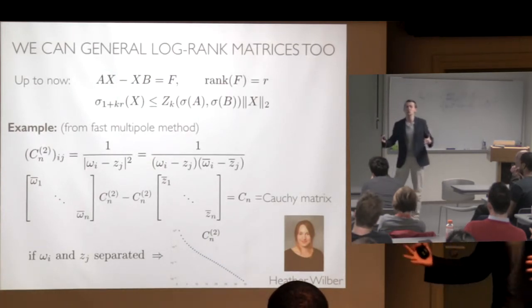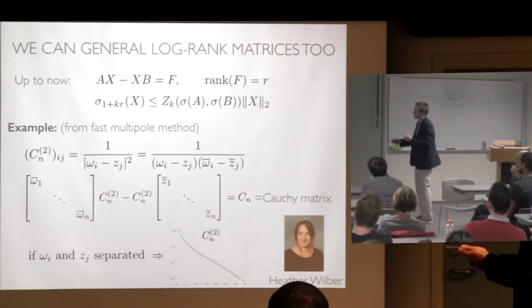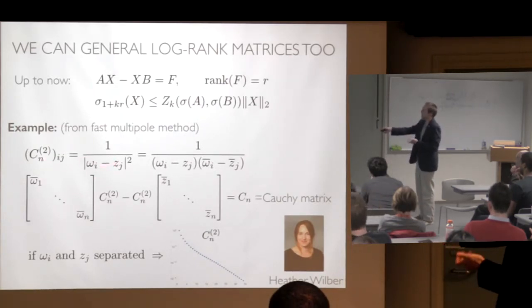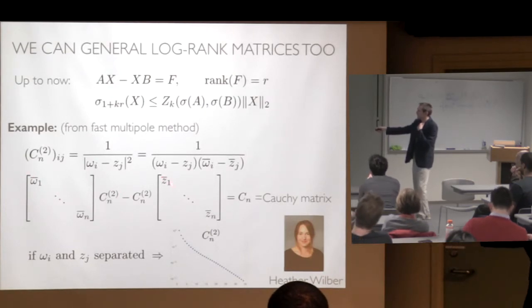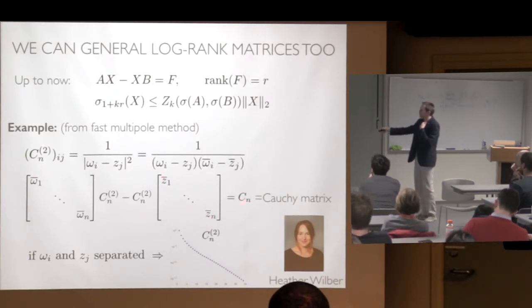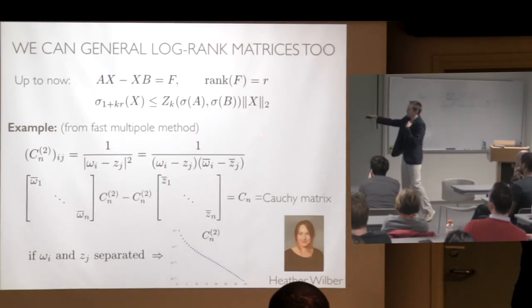And if you do that, you start incorporating every single low rank matrix. For example, this one I care about, which is 1 over r squared, looks like this if I do the complex analysis. I can use this diagonal matrix and this diagonal matrix to get it to Cauchy, which is just 1 over omega_i minus z_j. That's what this guy is, right? Because I'm going to times the top by omega conjugate minus z conjugate.